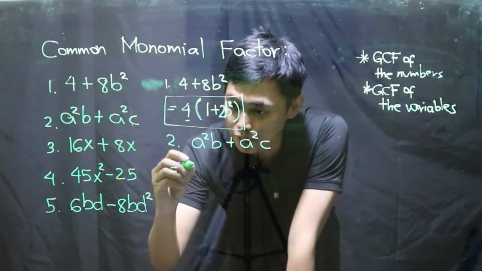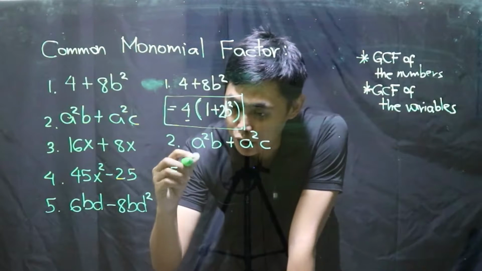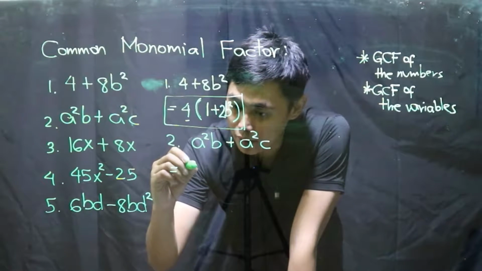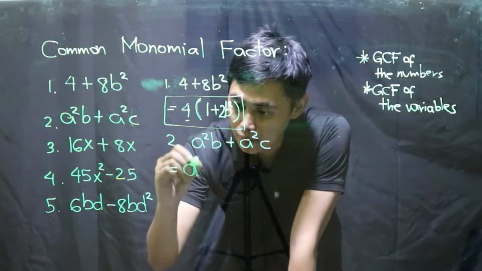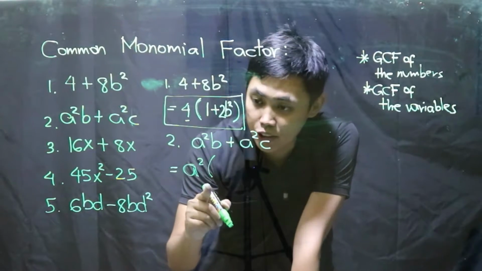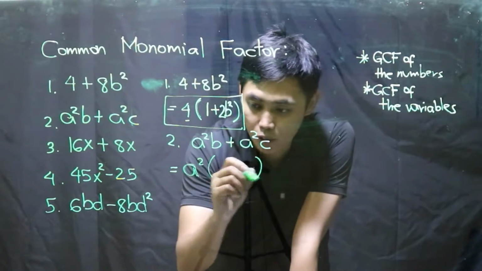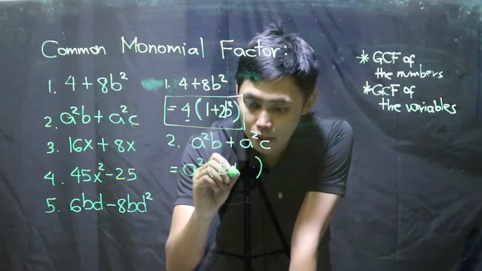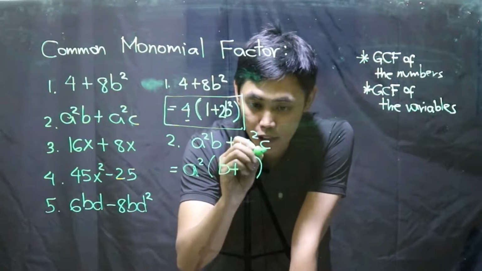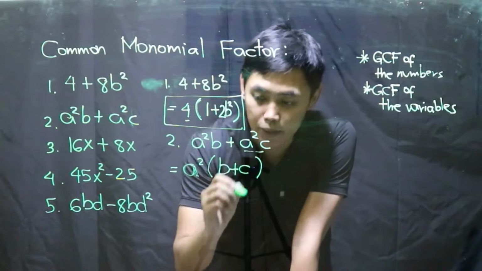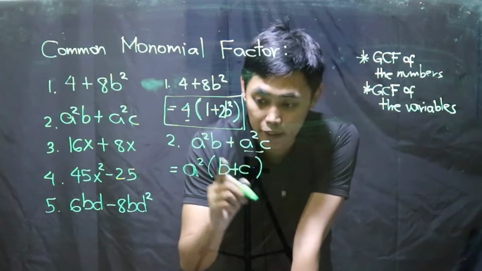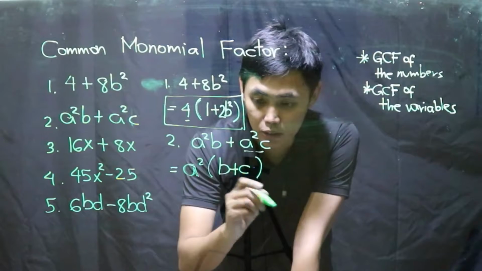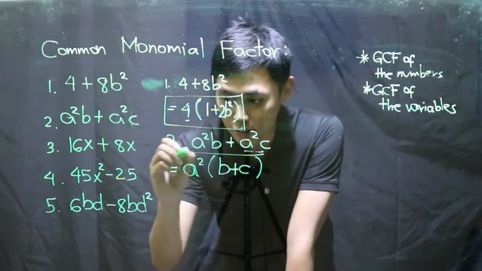So, we can just rewrite this as a squared, like this, and then open parenthesis. Kung nigawas si a squared, ang mabilin sa sulod si b, then sa second term, a squared, open, b plus c, close. So, this is the answer.